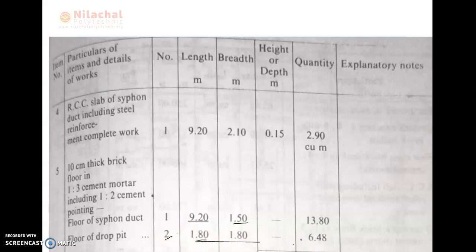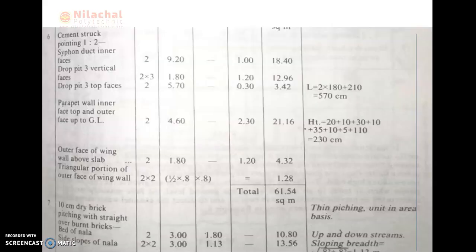The total value of the 10 centimeter thick brick floor is 13.80 plus 6.48, which is equal to 20.28 square meter.